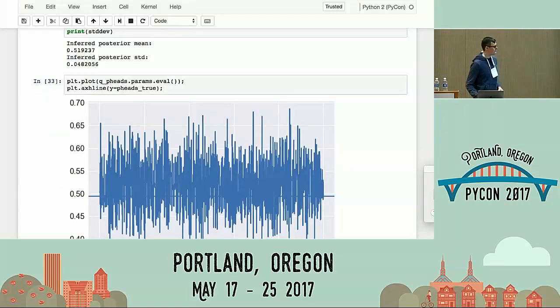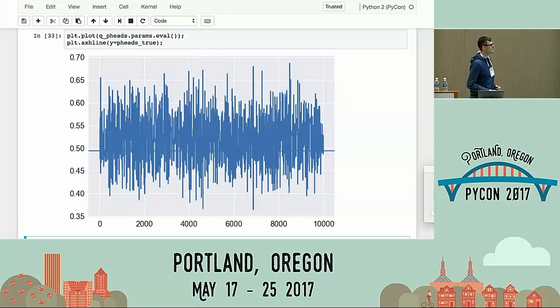So this is actually the chain. You can see there are like 1,000 points in this chain, 1,000 elements in this stream. There's the true value, which is 0.49 in my case. Again, your case might be different. And then you have this noisy line here. This is just the different accepted proposals.